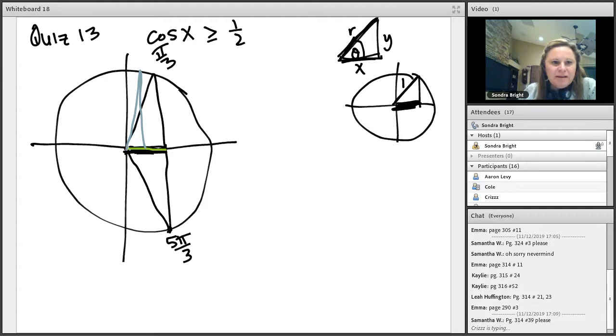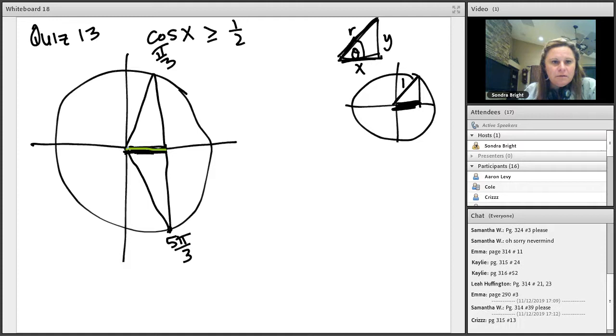Instead, you want all of the values that are bigger, right? So this triangle would definitely give me a longer cosine, a greater adjacent side. So would this one. So would this one. See how the adjacent side is all longer? And that one too, all of those, right?